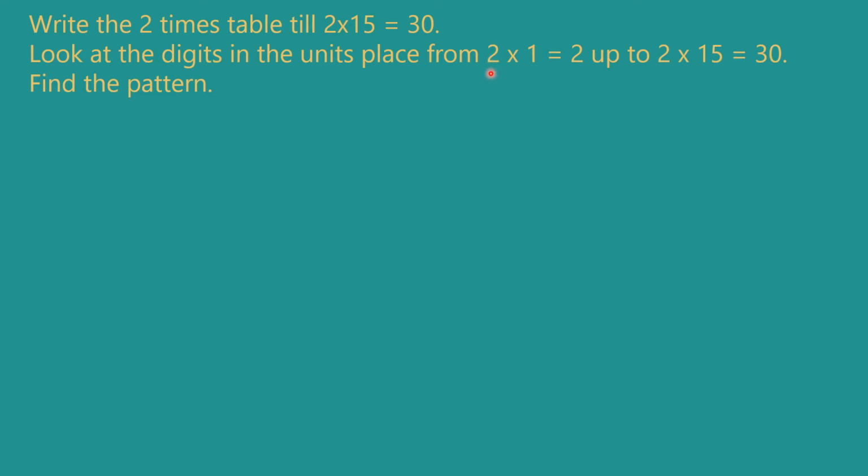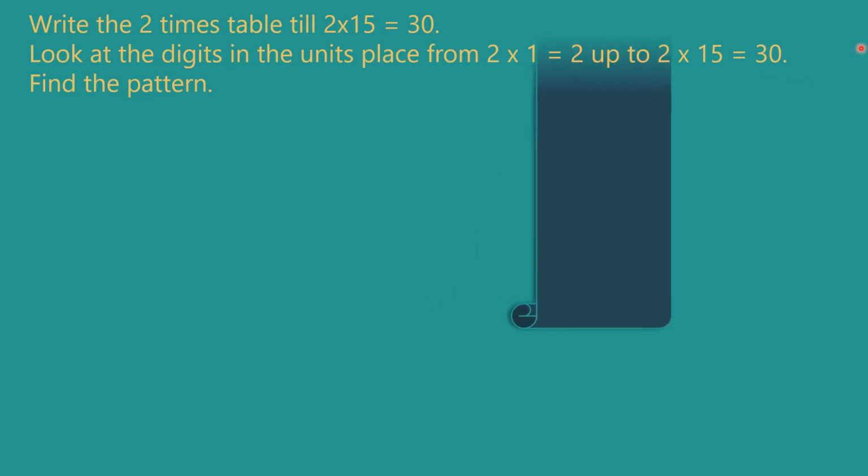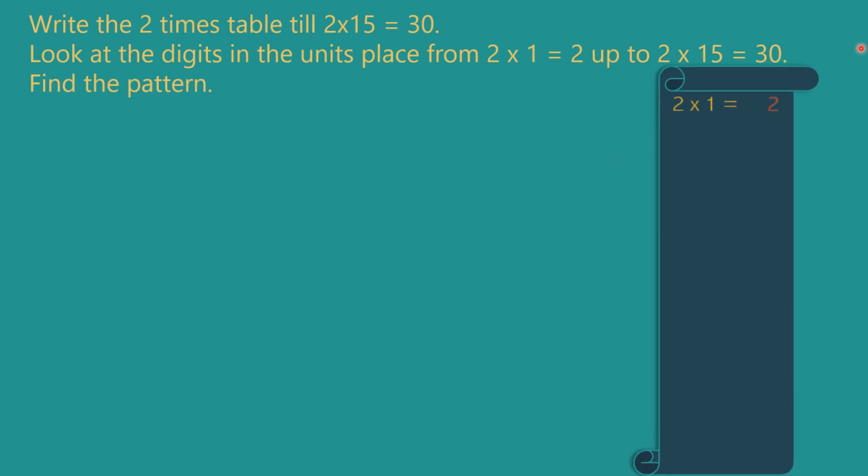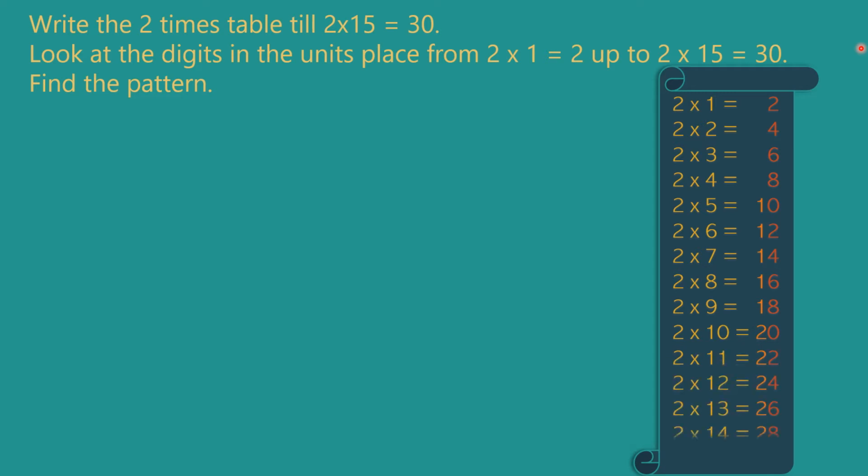We will start from 2 ones are 2 up to 2 15s are 30. So let us write the table. So we have written here from 2 ones are 2 till 2 15s are 30.